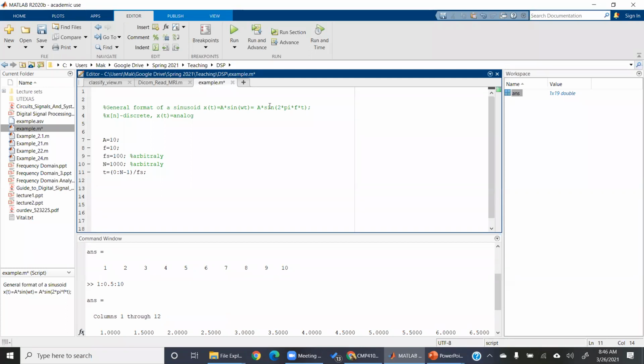And so I can now comfortably write x equal to a, because I know what a is, sine of 2 times pi times f, and then times t.